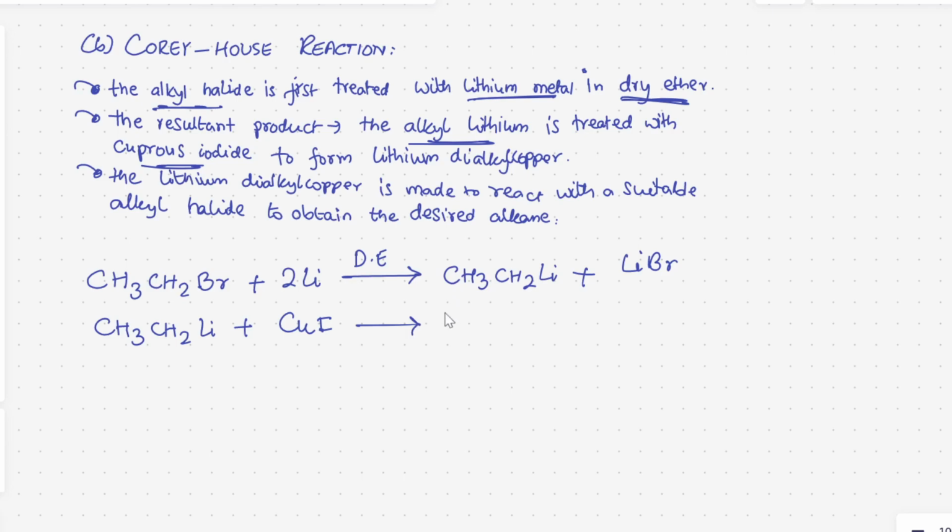So it forms CH3CH2, this is the dialkyl lithium copper thing, and then you have the byproduct again, that is lithium iodide. Balancing, we get this.